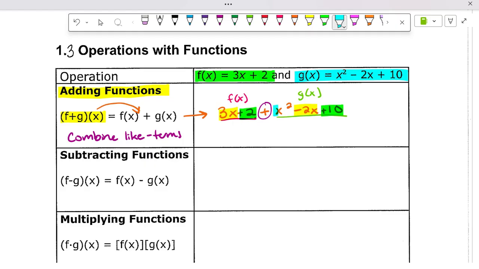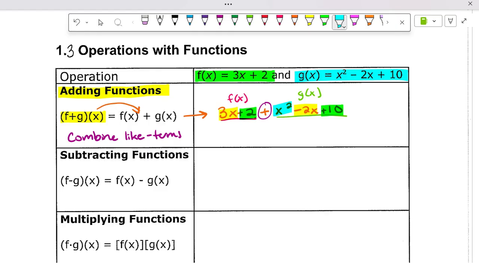Now, even though the x squared is all by its lonesome, it's still important to highlight it, just so that we know it's still there. Now, once we have our like terms, here's my question. When we combine like terms, what's the only thing that we are combining?